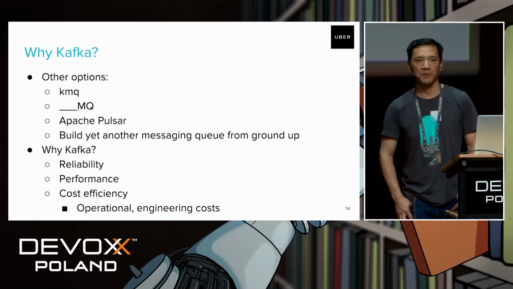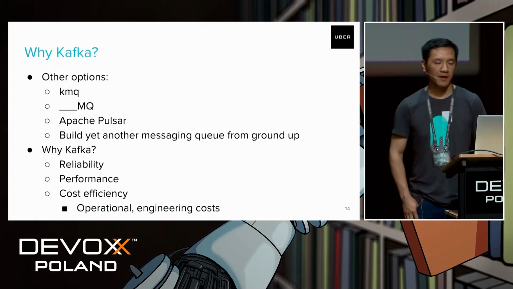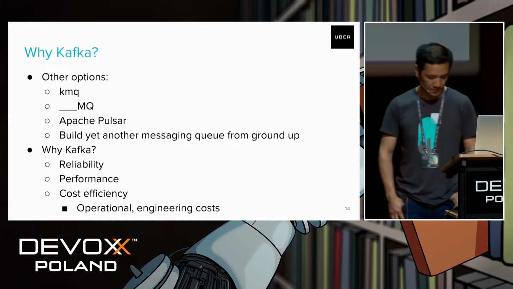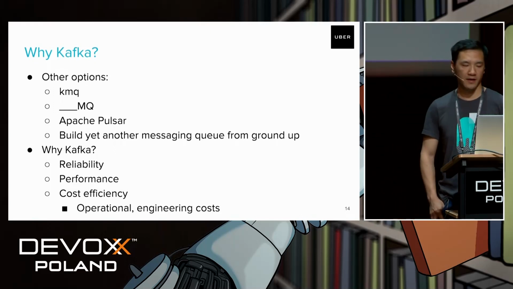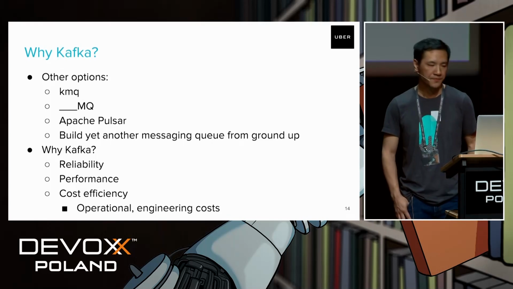One of the questions that people may ask is, why do we build on top of Kafka? There are a bunch of other options out there. The first one is KMQ. KMQ is something that a startup built on top of Kafka. KMQ stands for Kafka Message Queue.